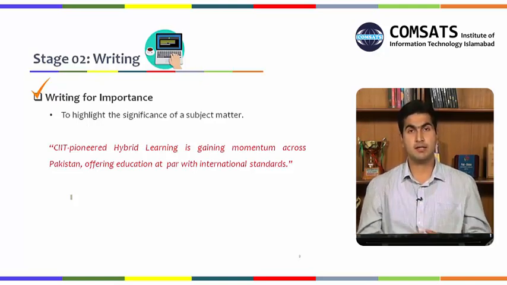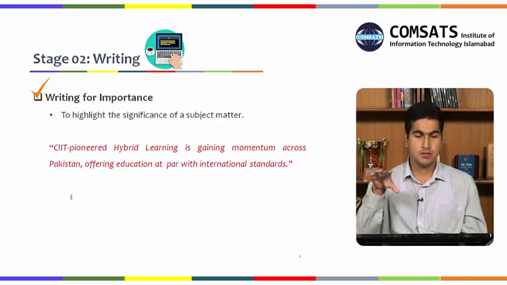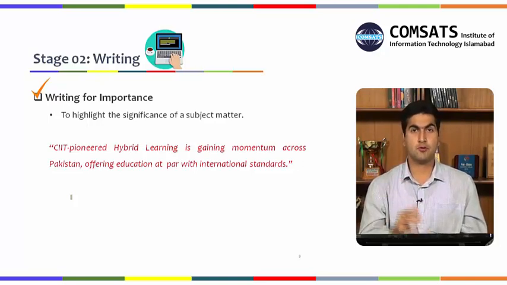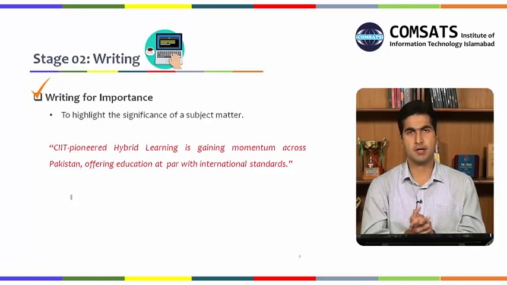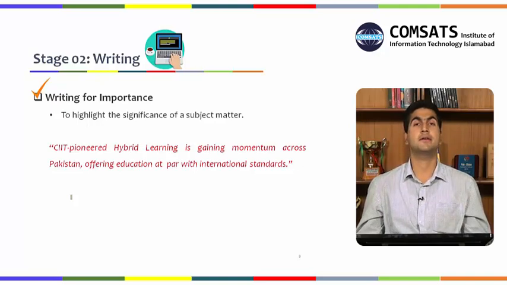So you can have a good idea if you have to talk about it. It can be and has become an important hashtag, being the topic of discussion. So based on this importance, if you have to talk about it or read its description, your mode of writing would be writing for importance, and that is how you're going to structure your information. Just one example to give you an idea.